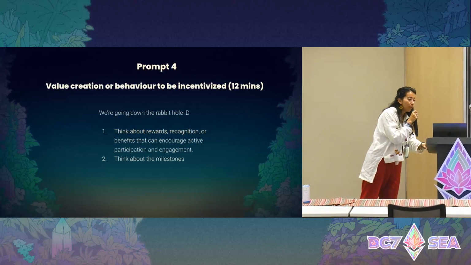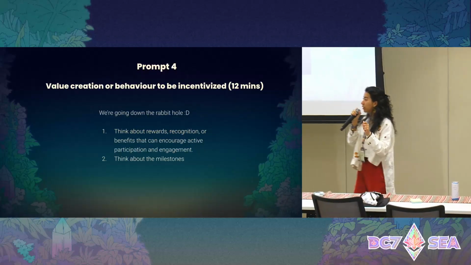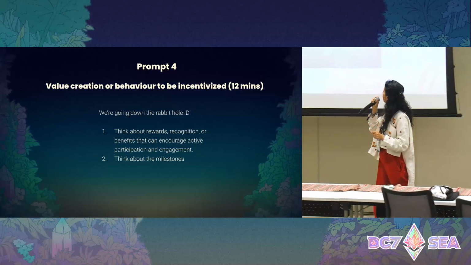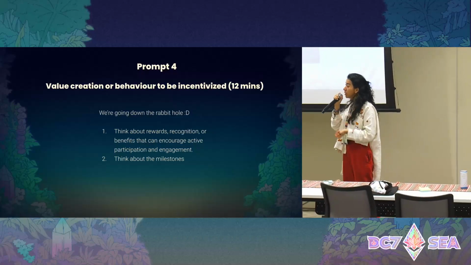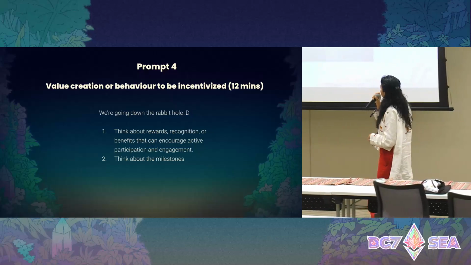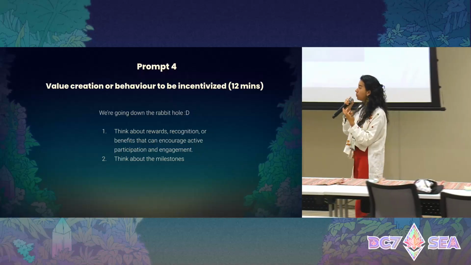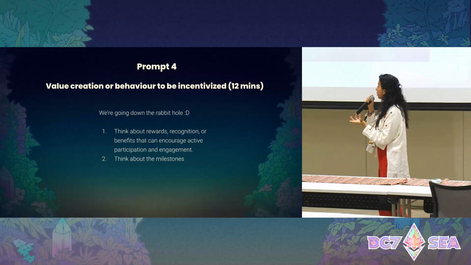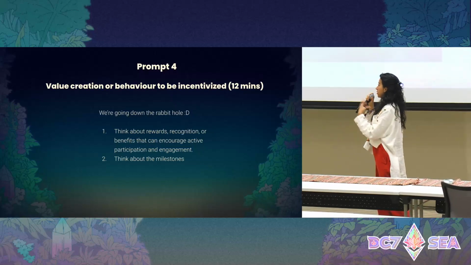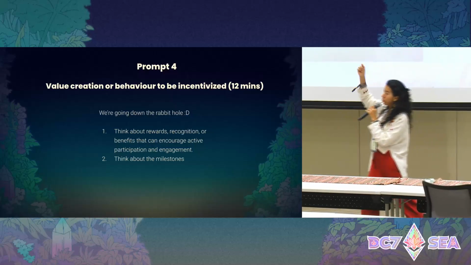So for this next prompt, you're going to be thinking about the type of behaviors that you want to see, the type of benefits, the type of recognition that you want people to have, or you think people will appreciate from participating in these types of actions that are going to get you closer to the North Star.